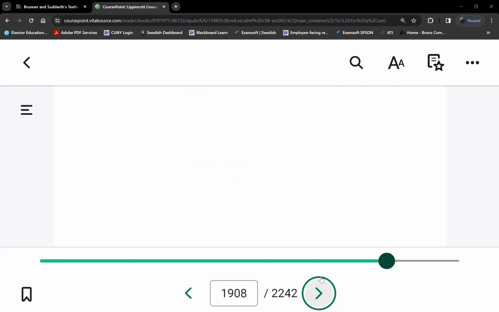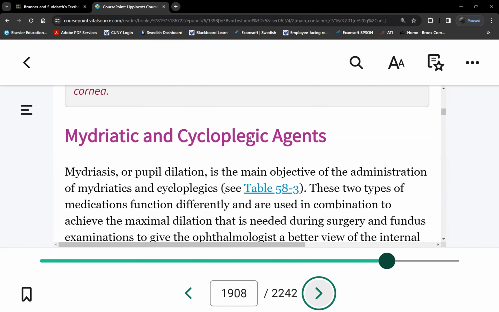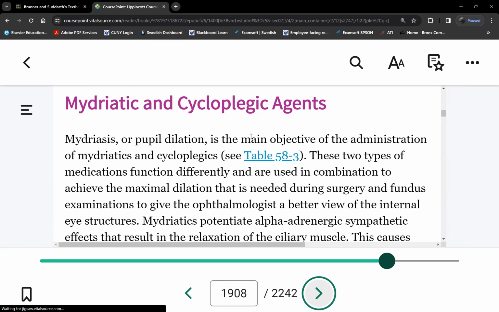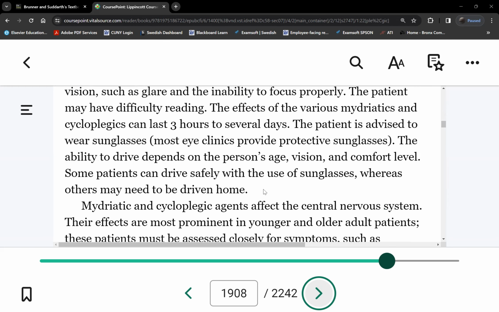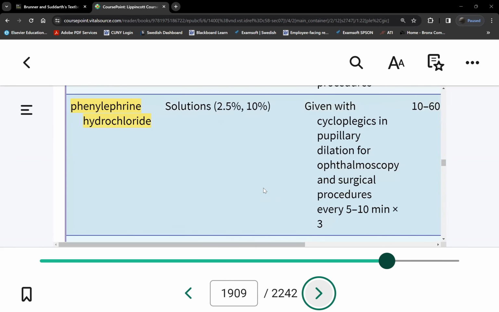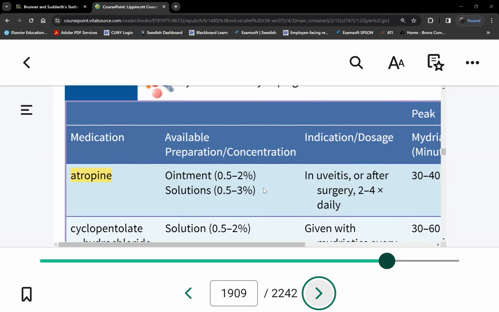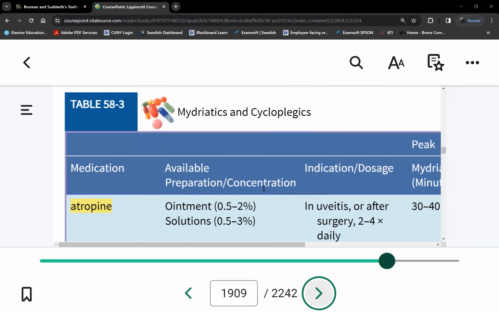Okay, let's go now to the medications. Please be familiar with the terms. We've got mydriatic and cycloplegic agents, although this chart here is not what we're testing because it does not specifically mention which eye disorder they're given for, but just know and be familiar with these drugs.